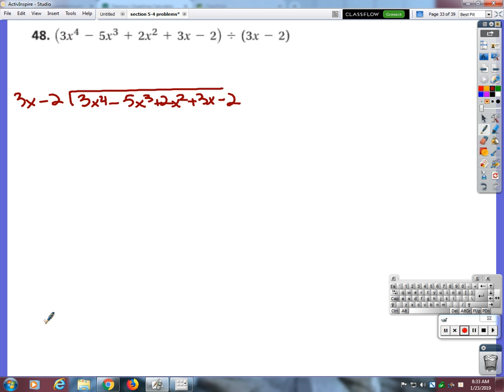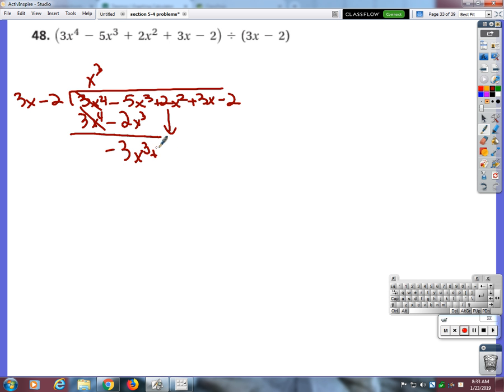All right, so anybody just jump right in if you feel so inclined. 3x to the fourth divided by 3x is x cubed. And then I multiply these things by that, so that's 3x to the fourth minus 2x cubed. These will cancel. Negative 5x cubed minus negative 2x cubed is like adding 2x cubed, so that would give me negative 3x cubed.